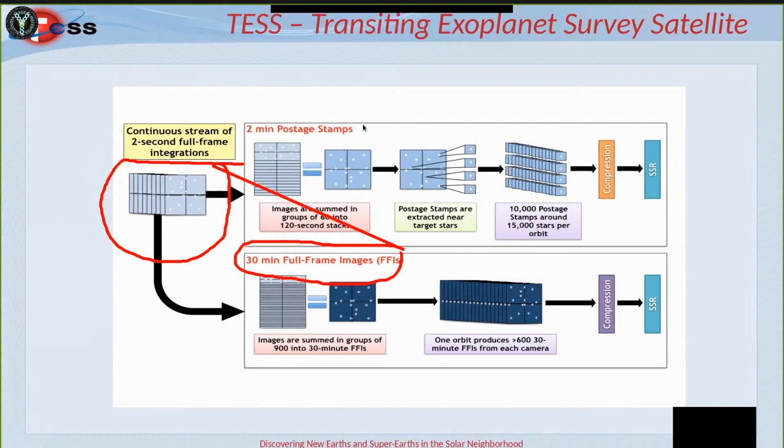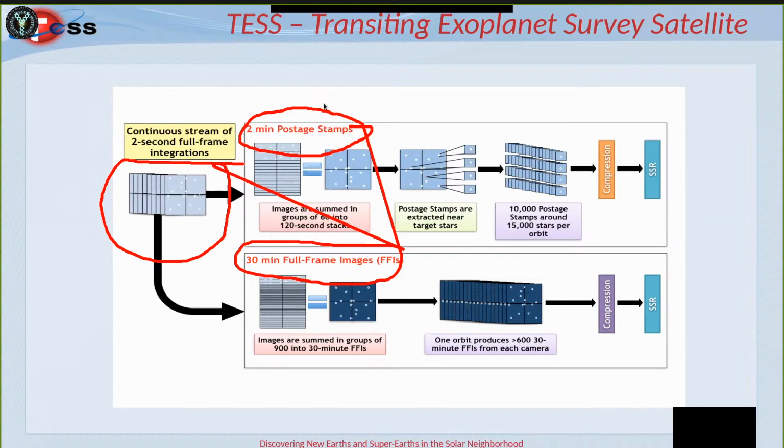So in this mode, TESS works almost the same way as Kepler does with the long cadence frames, which is good. Then people can analyze timescales which are shorter than half an hour.